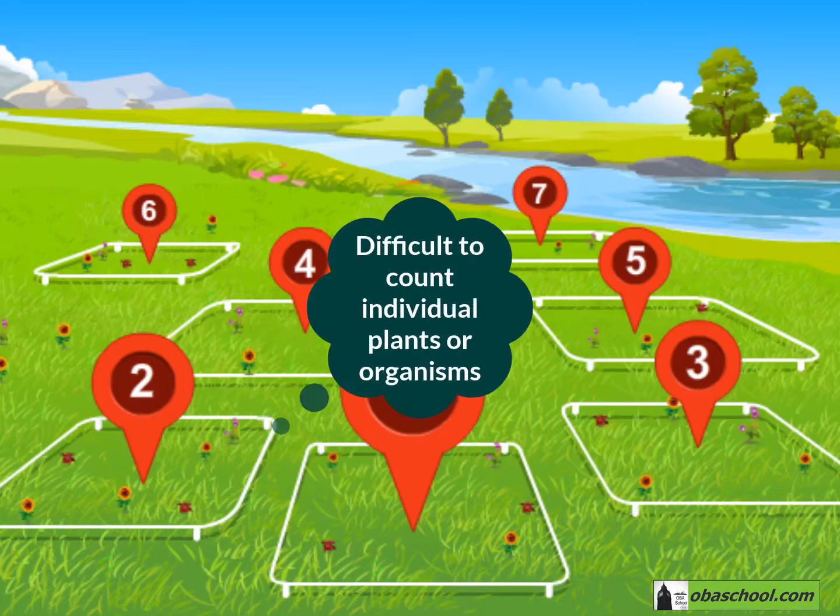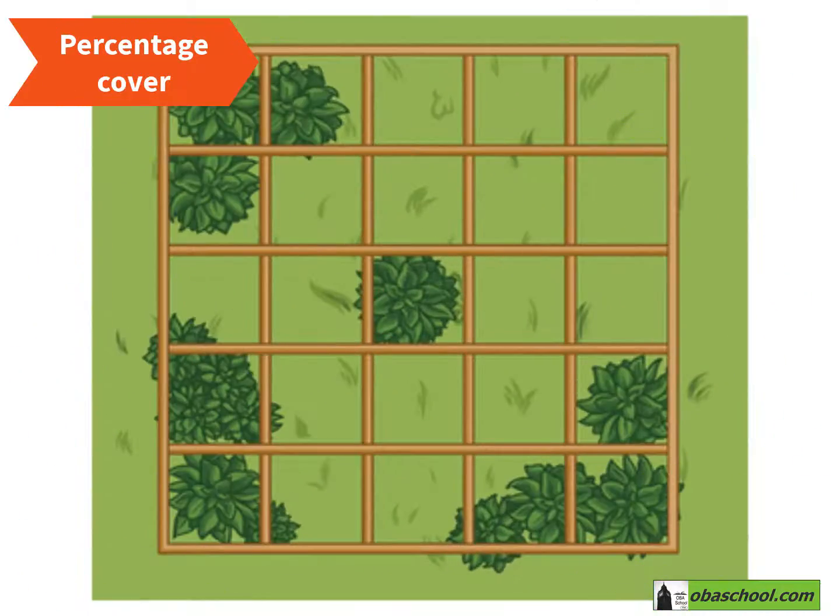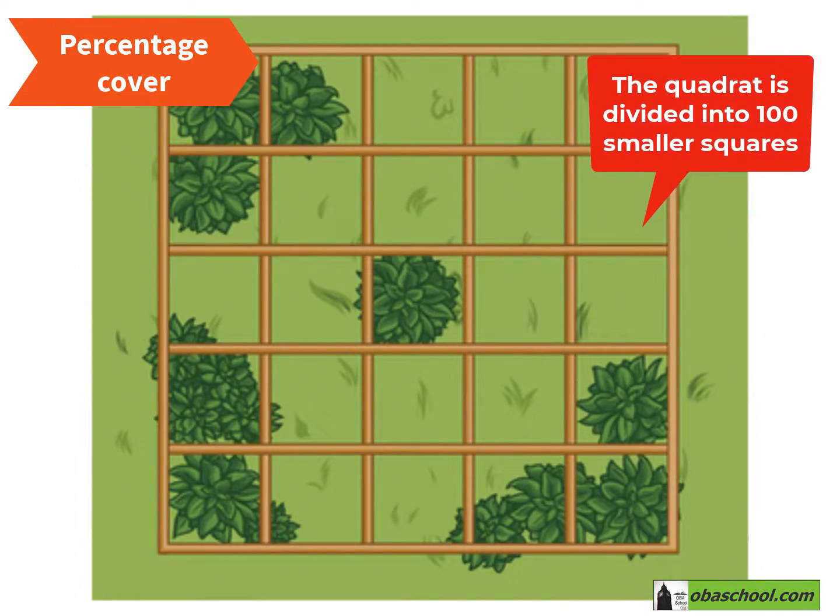It can sometimes be difficult to count individual plants or organisms. When this is the case, percentage cover of the species within the quadrat can be estimated instead. In this case, the quadrat is divided into 100 smaller squares.